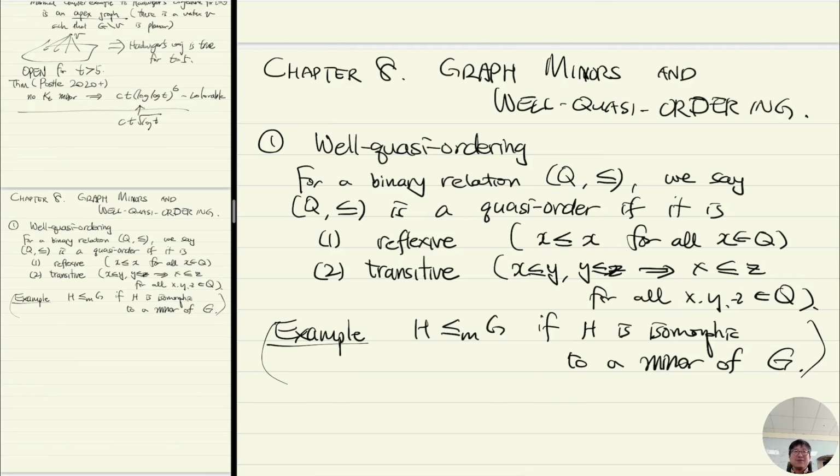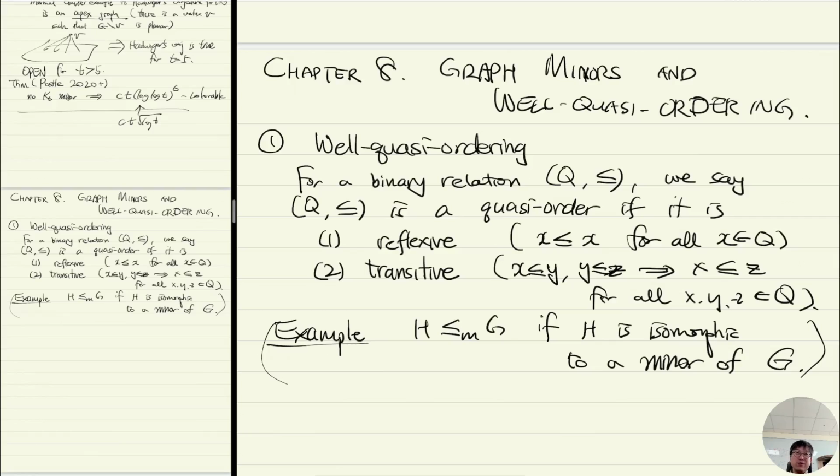And it's transitive: if H is a minor of G, and G is a minor of F, then H is a minor of F. But this is not antisymmetric. If H is a minor of G and G is a minor of H, they're not necessarily equal, even though they are isomorphic. So because of this, you relax this condition and define a quasi-order.